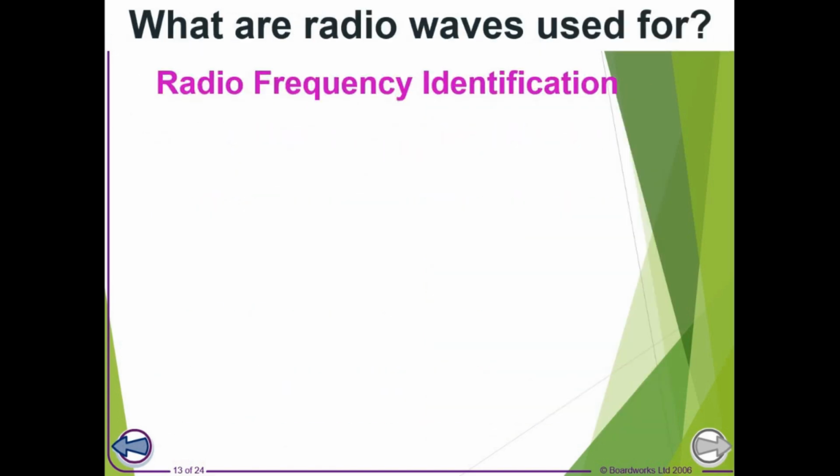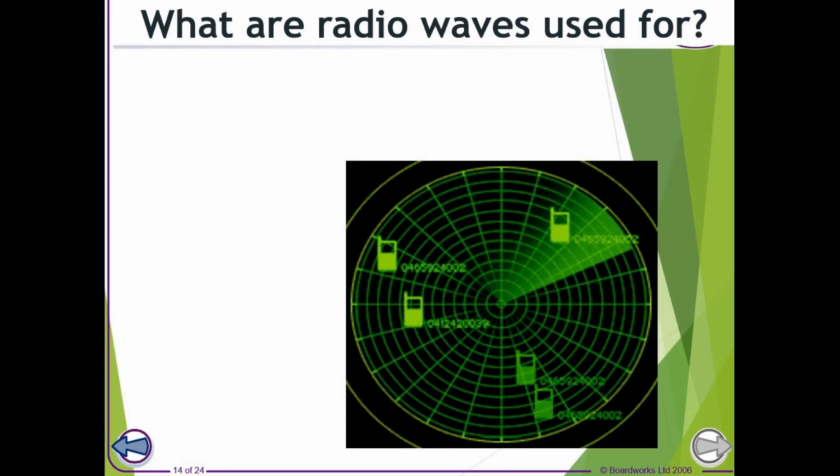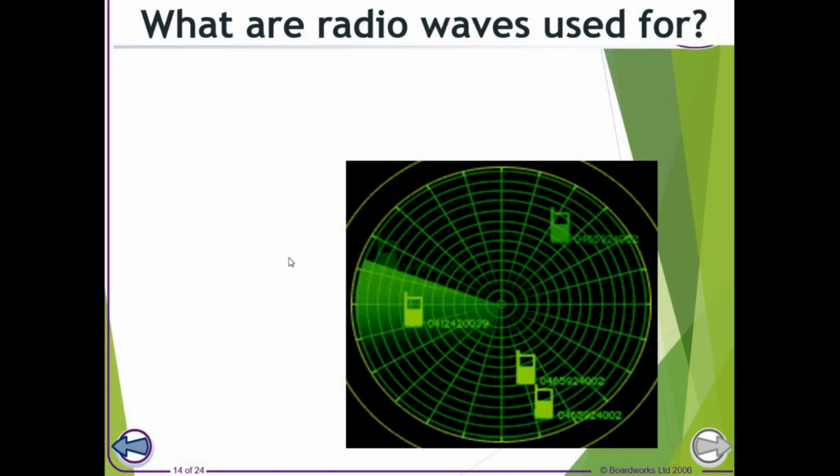Radio waves are also used for radio frequency identification. This identification system involves tagging an object, animal, or person with a microchip that responds to specific radio frequencies. It can also be used to identify pets. Radio waves are also used for radar.